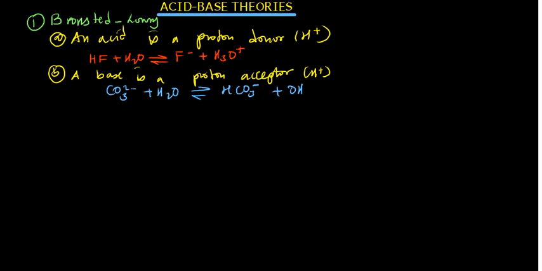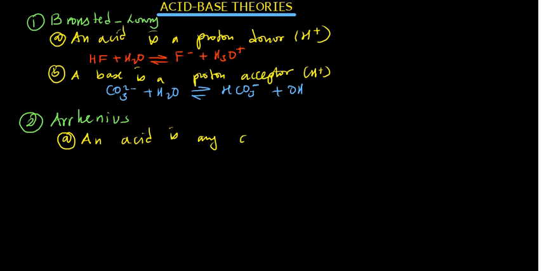Now the second theory that we want to understand is the Arrhenius theory. According to Arrhenius, what is a base and what is an acid? Well, according to this theory, an acid is any compound that increases the concentration of hydrogen ions in solution.